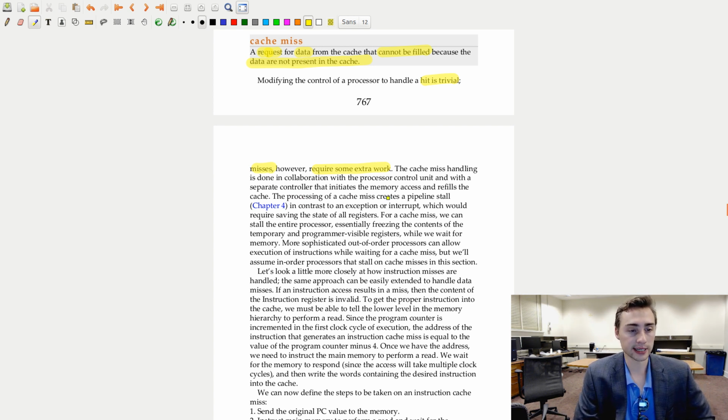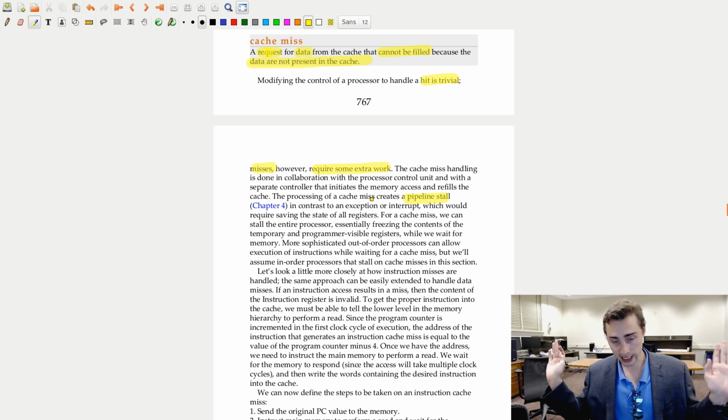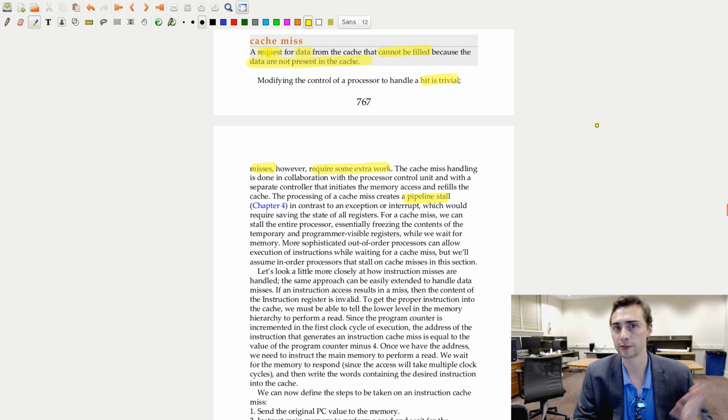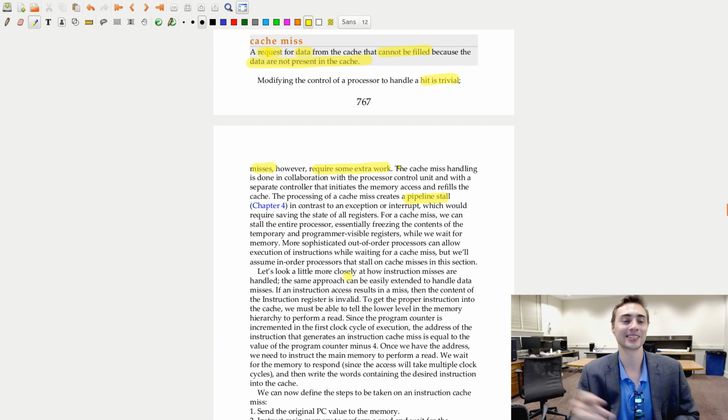The processing of a cache miss creates a pipeline stall. If it's not there, it's going to take some extra time, so we can't just proceed forward as normal. We have to stall. We have to say, wait, I've got to catch my breath. I have to find out where this data is, potentially for a long time. Now, there's a way of getting around this, but not if you're an undergrad taking this course. As far as you know, there's no way to get around it.